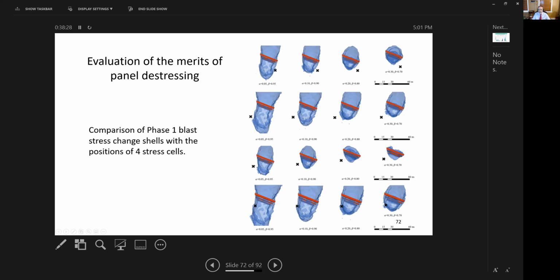So looking at this picture here of the many trials, you can see that alpha of 5% and beta of 95% gives the best match, suggesting that there is severe fragmentation to the point that the remaining stiffness in the panel is 5%, and there is very large stress dissipation of 95%.